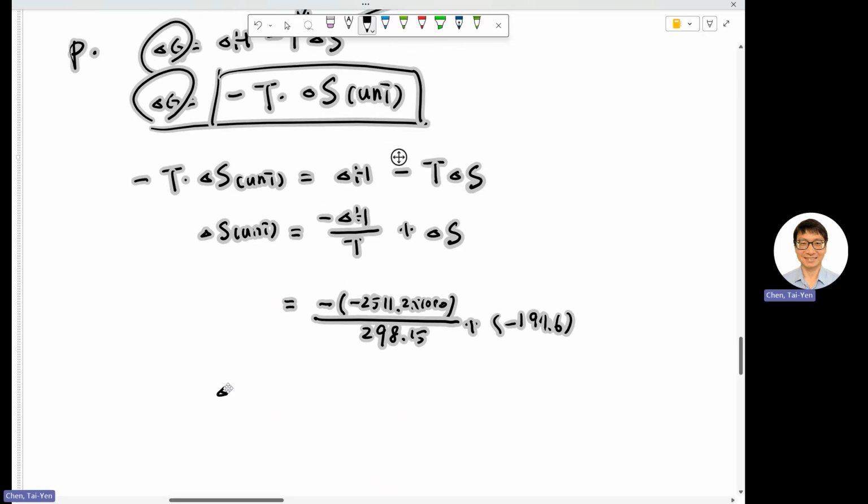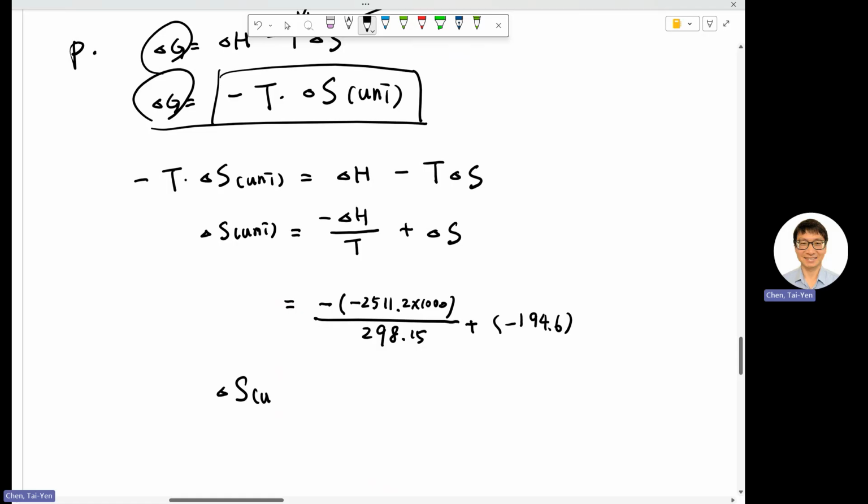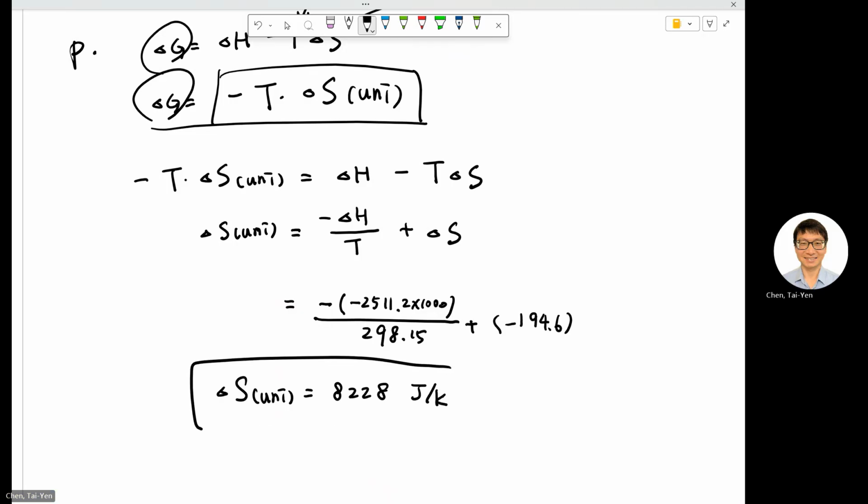By doing that, you get your delta S universe equals 8228 joules per K.